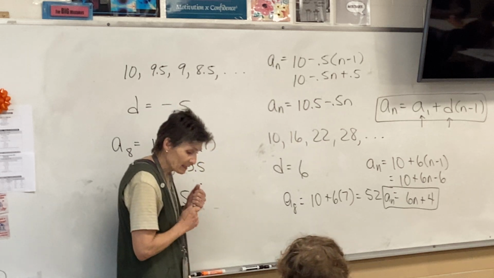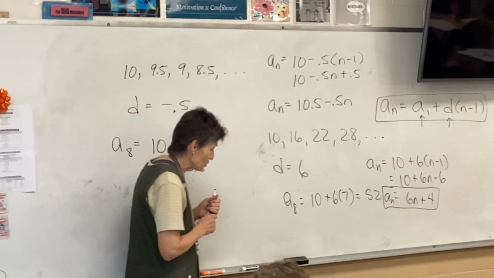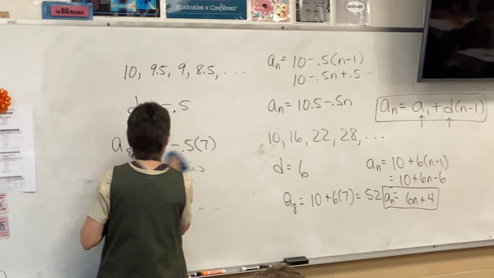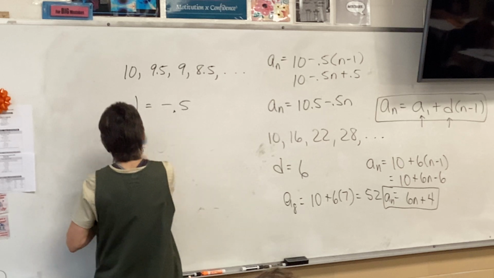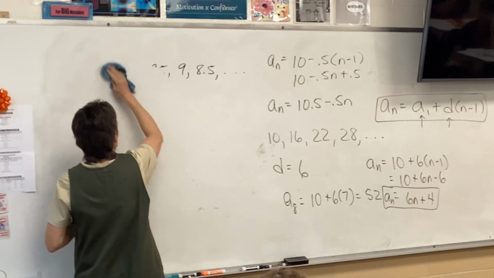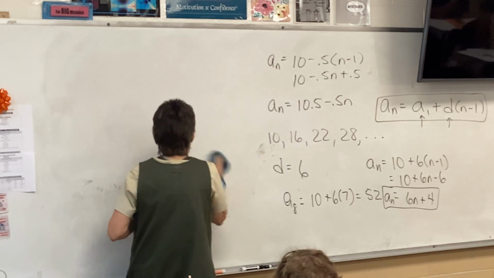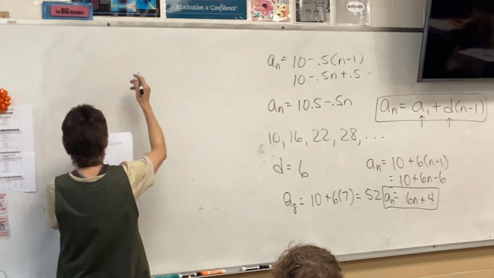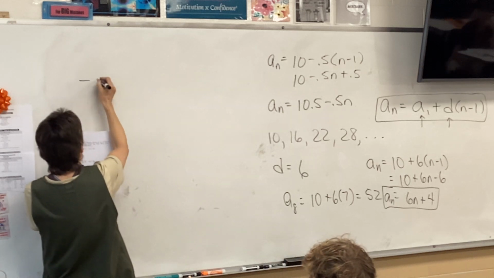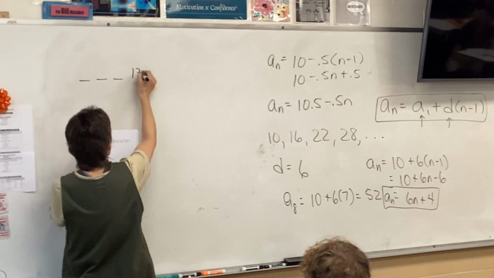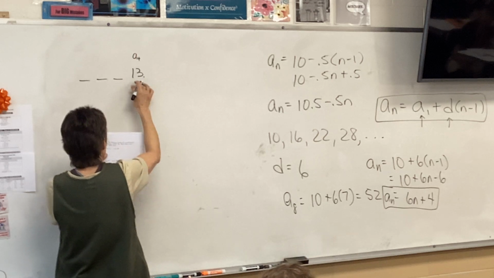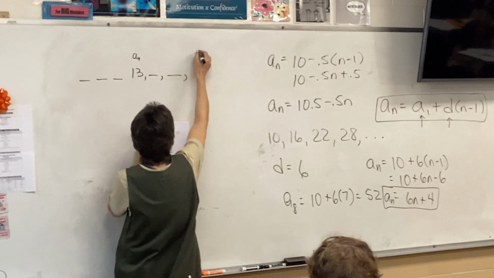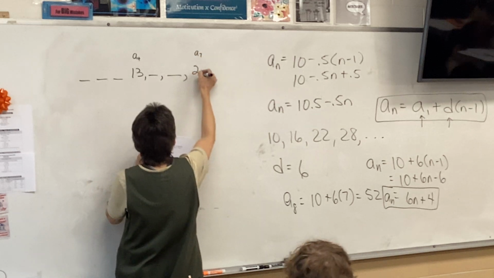Again, we have arithmetic sequences, and your job is to find the first term and the 100th term. Alright, so we've got a sequence out there. And we know the fourth term is 13. This is a sub 4. Fifth, sixth, and the seventh term is 22.